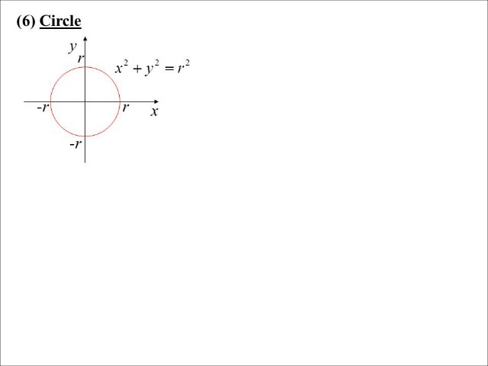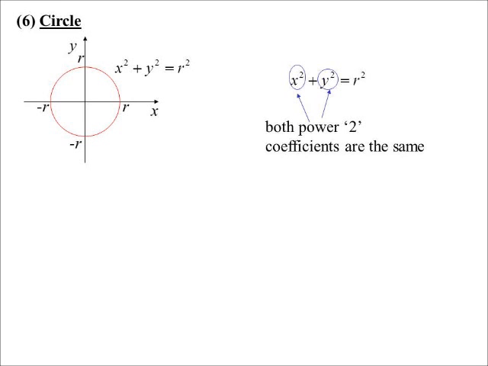Circles. There's our basic one. X squared plus y squared is the radius squared. In this case, both of the powers are 2, and the coefficients are the same. So you could have 2x squared plus 2y squared equals something. If I had 2x squared plus 3y squared, I wouldn't have a circle.